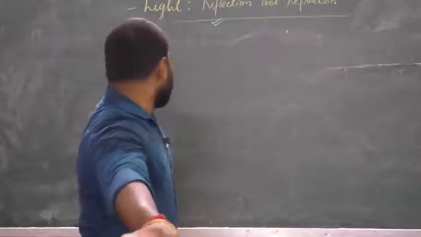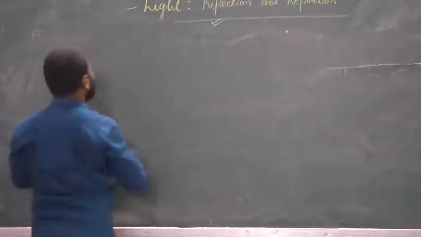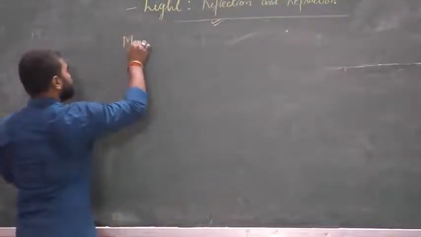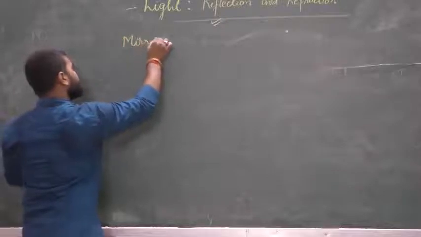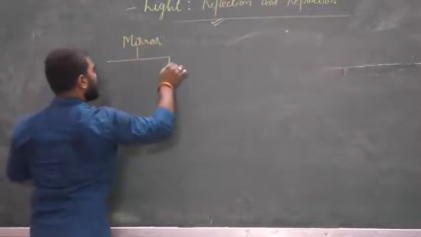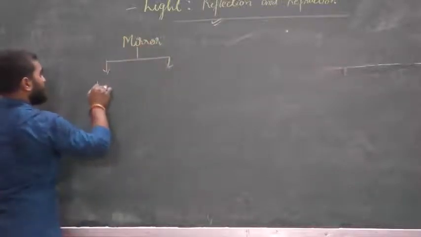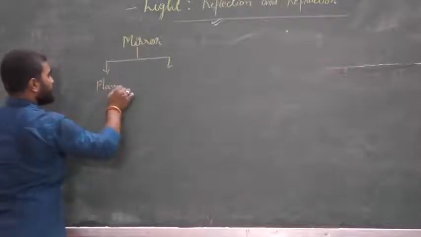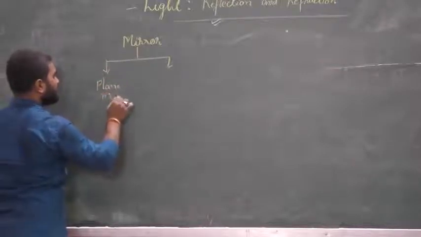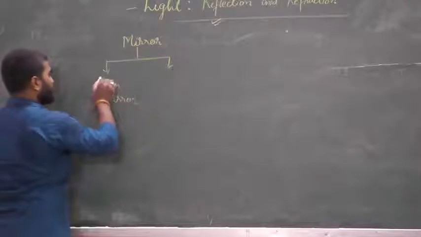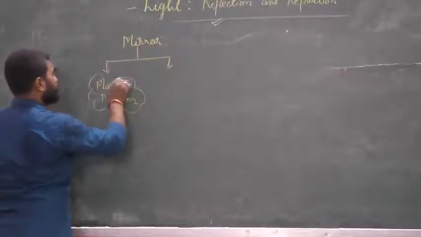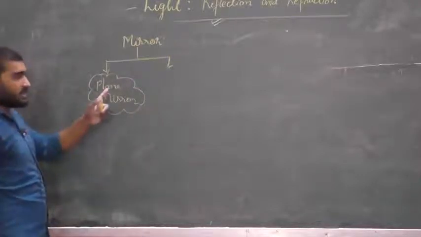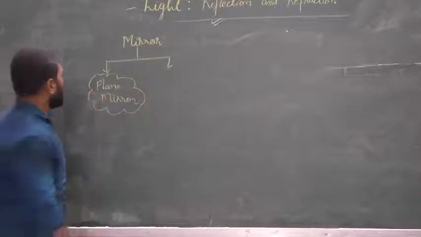So guys, there are two types of mirror. First one is the plane mirror, which I have already discussed here. It is a type of mirror whose reflecting surface is plane, called a plane mirror.